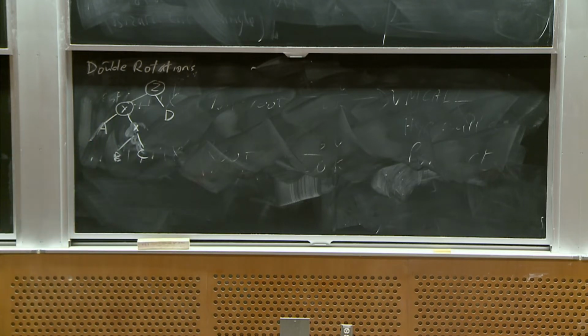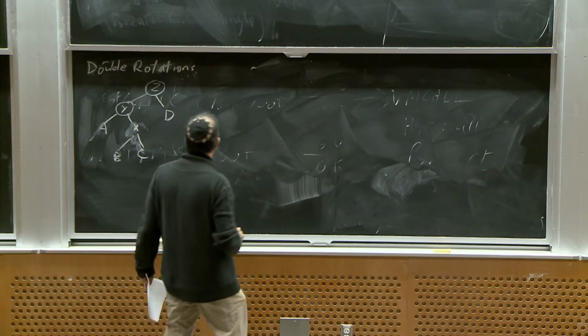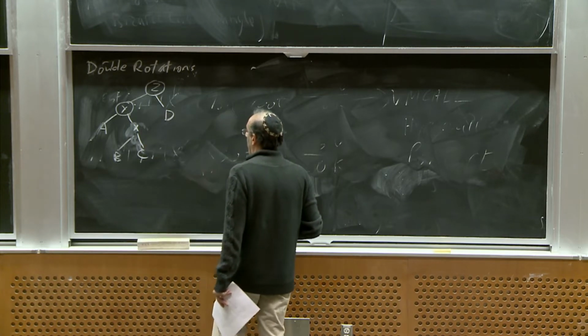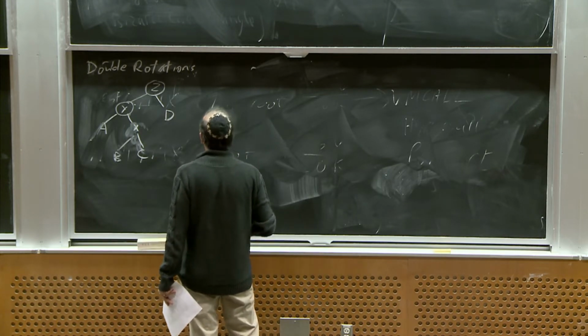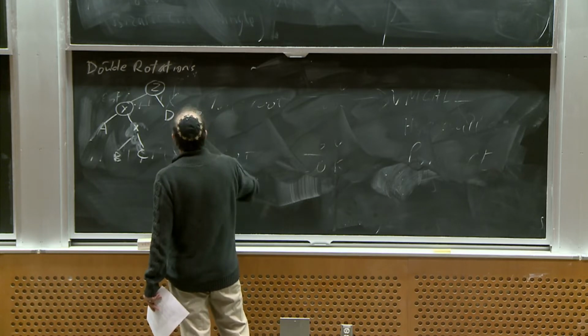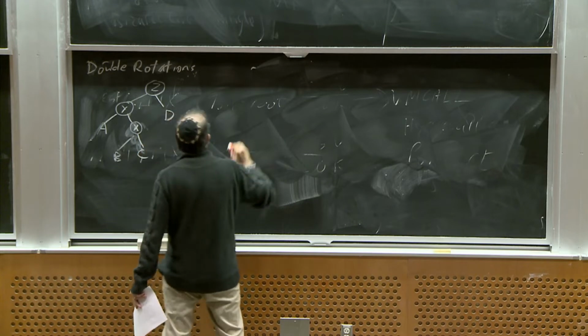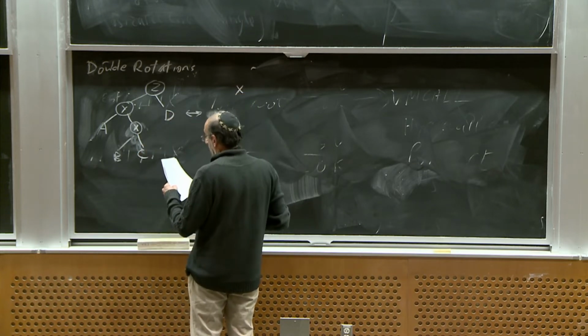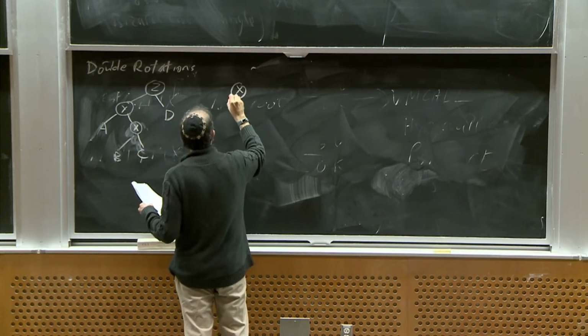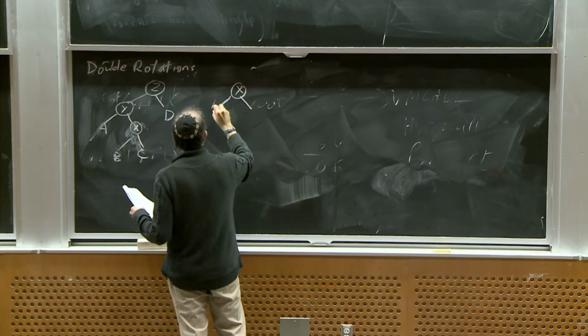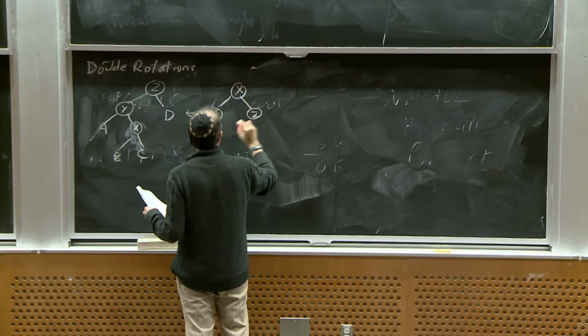Okay, so here we have a binary tree where I've written out more layers. Again, the capital letters are whole subtrees. So a double rotation will take this, and it's going to bring x up to the root, and that is going to split y and z.